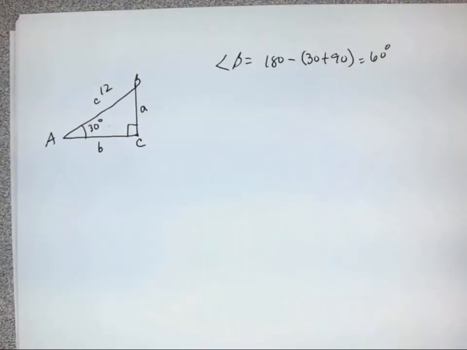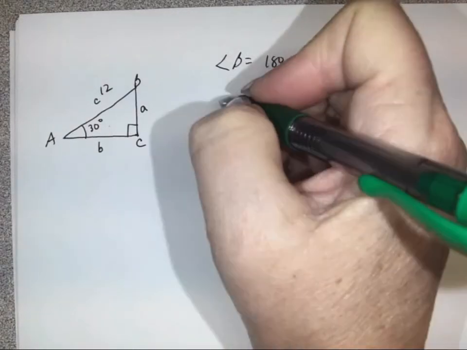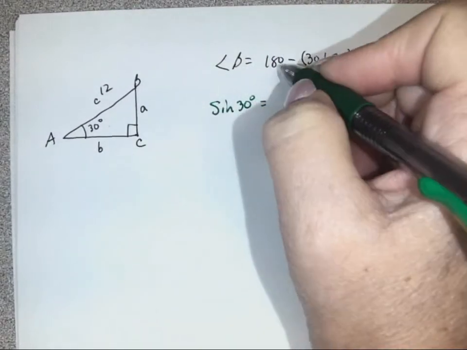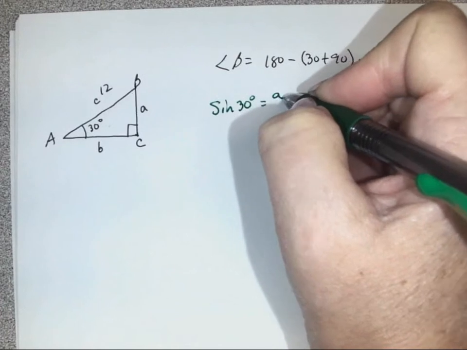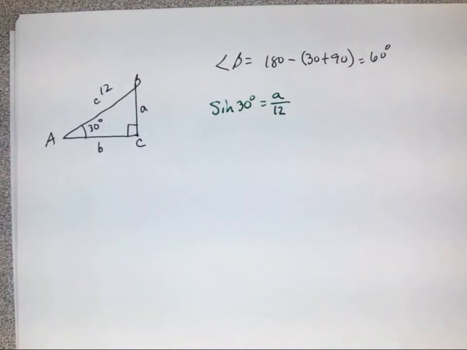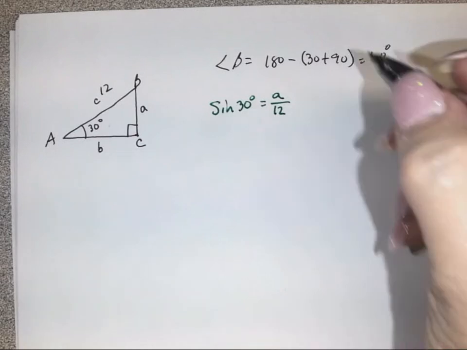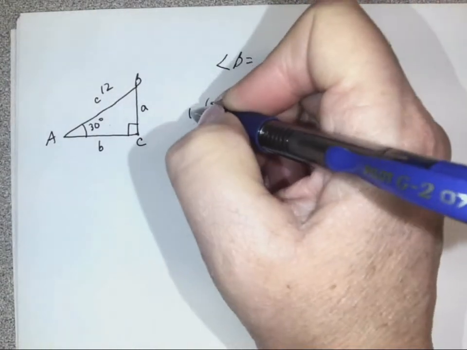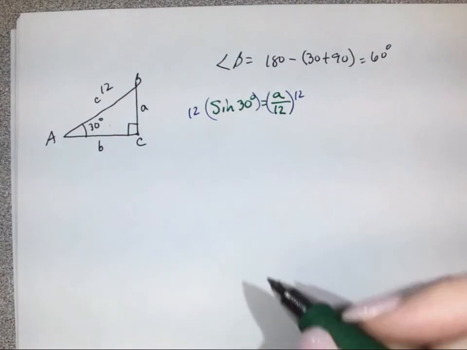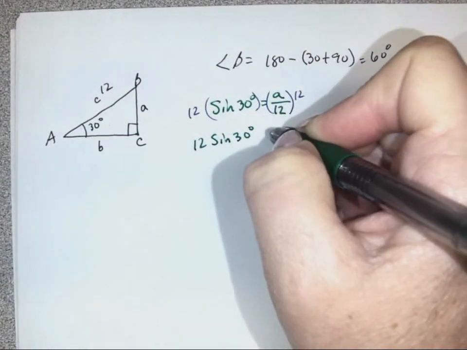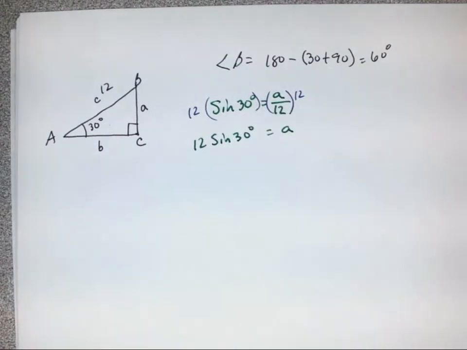The sine of 30 degrees is equal to our opposite, which is A, over the hypotenuse, which is 12. Now, if I multiply both sides by 12, I end up with 12 times the sine of 30 degrees is equal to A.